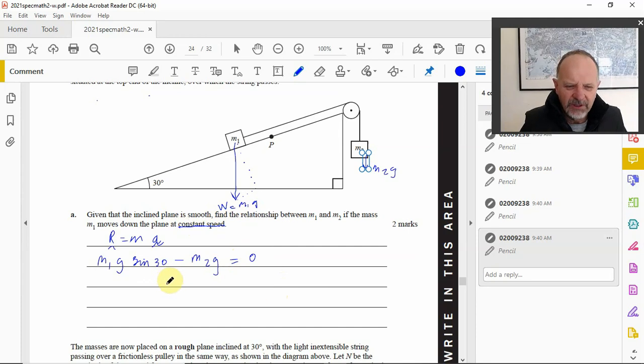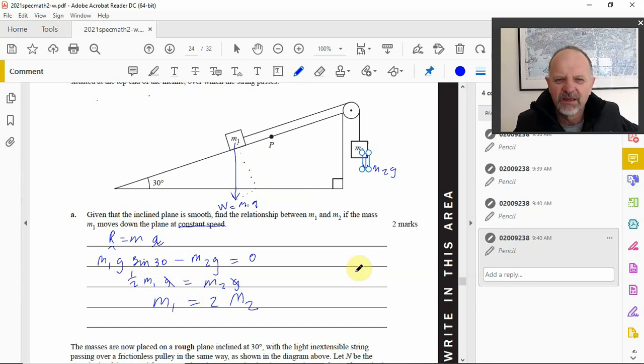So we're after a relationship between M1 and M2. First of all, sine 30 is a half, so that's a half M1G, and I'm going to move the M2G over here. The G's will then cancel, and if I times both sides by 2, mass 1 is twice mass 2.